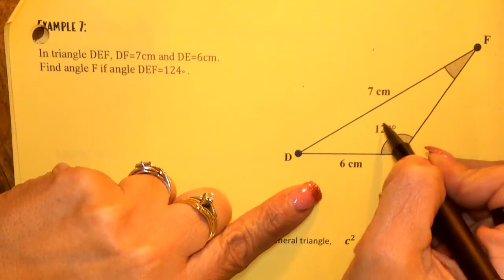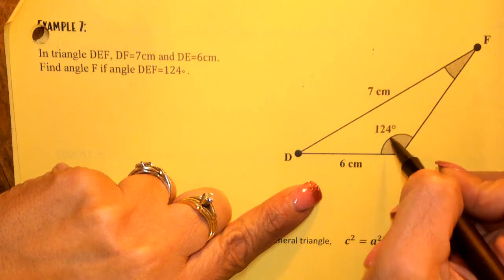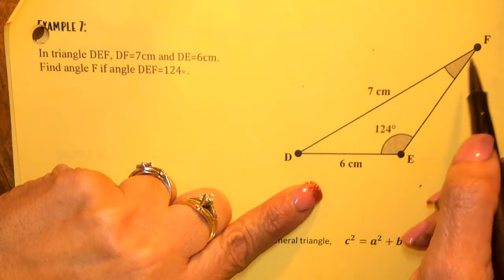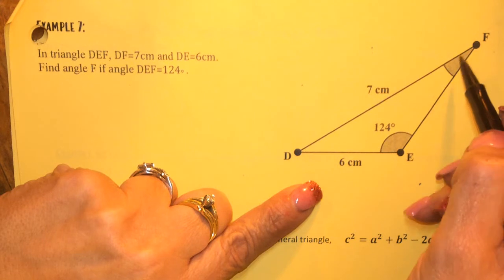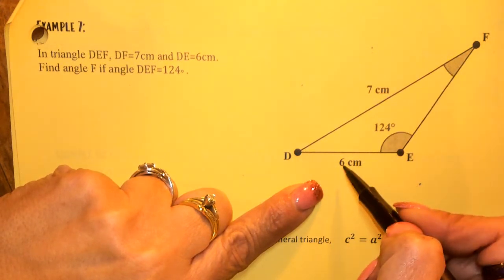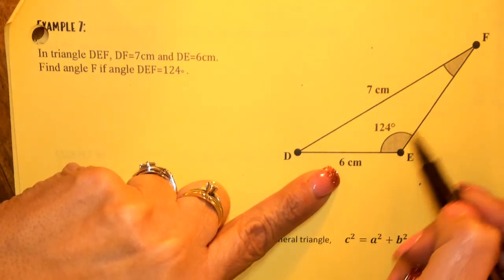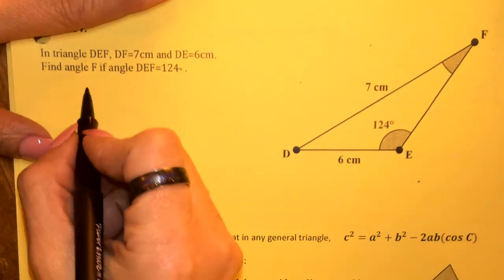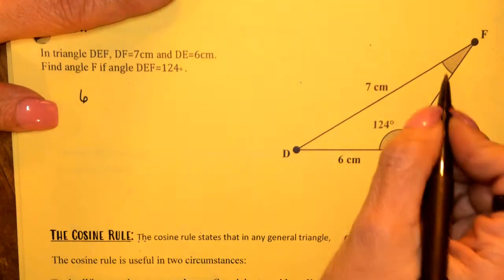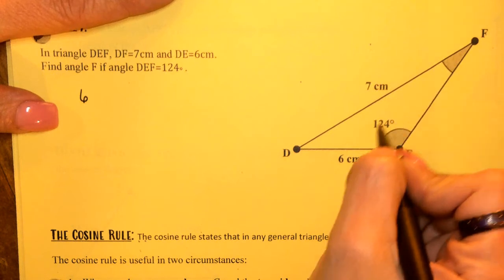Remember to look across, so I could do 7 over 124. It wants to find the angle F, which is right here, and across from F, I have that side. So when you have those opposites, it's like, oh, I can use the sine rule. So I could say 6, right here, would be opposite angle F, right?